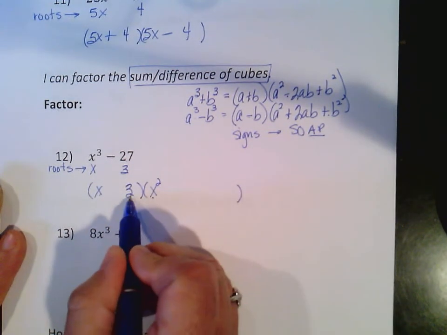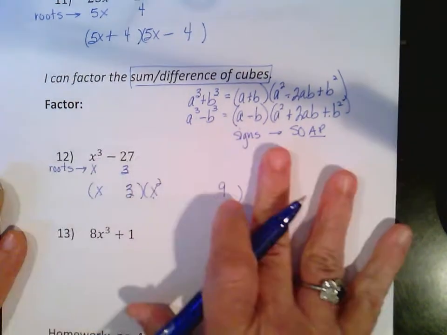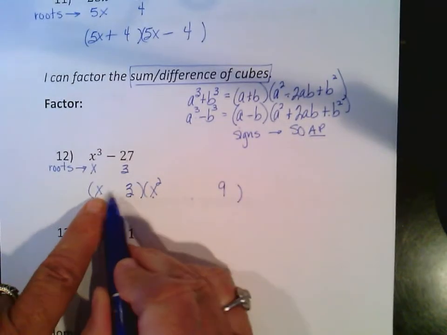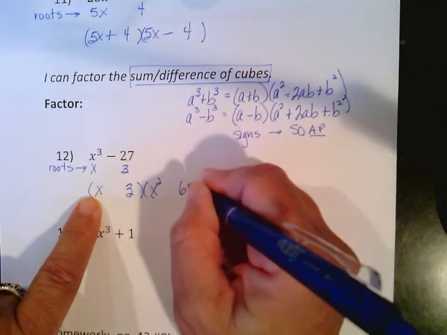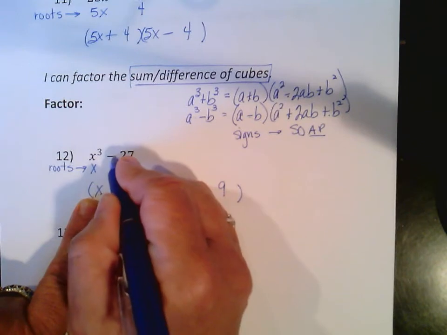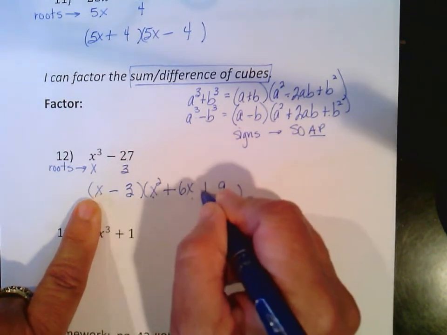Whatever this last root is, you square it, and that's your last term. Notice I'm not putting any signs in. The signs are the last thing you should put in. The middle term, you multiply these together and double it. So 3 times x is 3x. If I double it, it's 6x. Now, I use SOAP. Whatever this one is, this one's the same, this one's the opposite, always positive. And that's your answer.